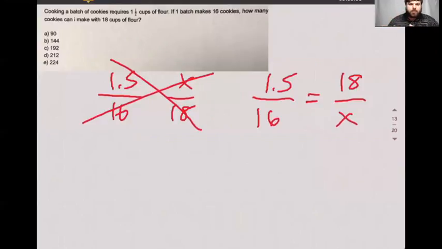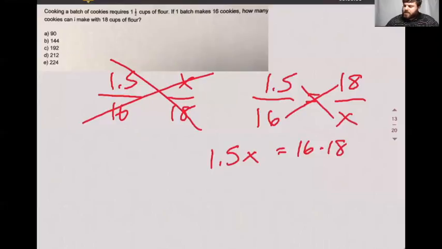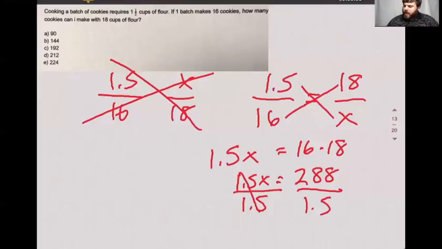You got to make sure you do not flip those because that will give you the wrong answer. This is a very simple problem. It's proportions, so we cross multiply, okay? 1.5 times x equals 16 times 18. On my calculator, 16 times 18 is 288, so 1.5x equals 288. Divide both sides by 1.5, and you get our answer of 192.